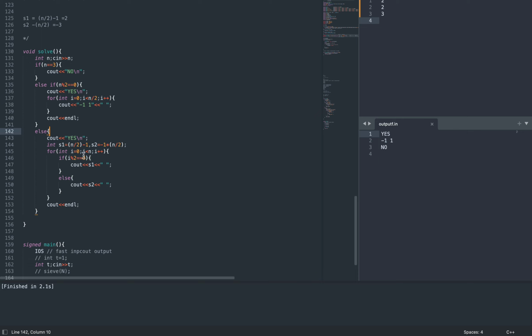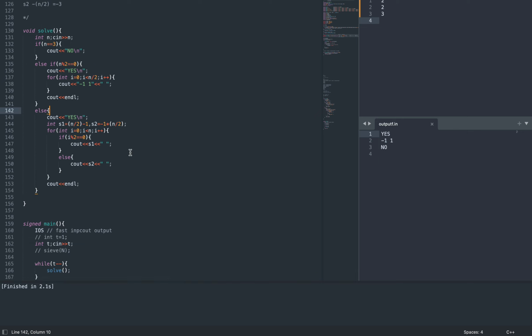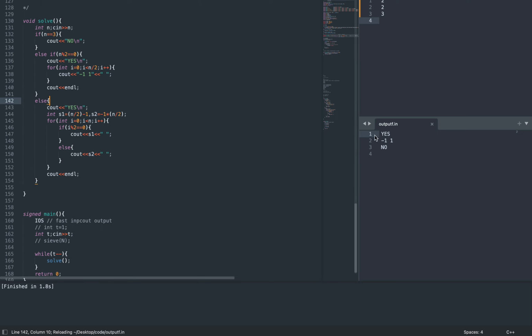And so here you can see when we run this, we are changing the test cases here.